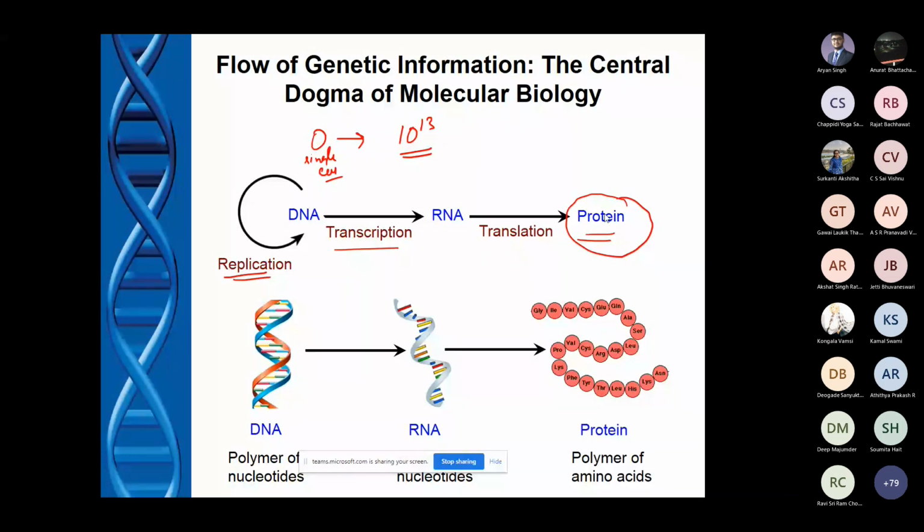Again, I'm telling you, everything in a living system is either a protein or a result of some other protein. So enzymes, they are proteins. These proteins are called machines. But what kind of machine? Molecular machines. They are very small.